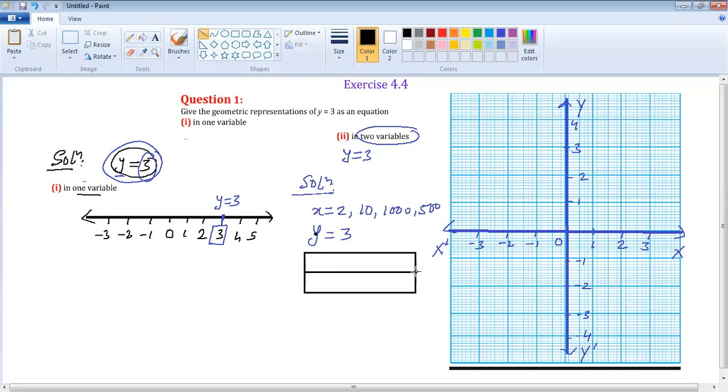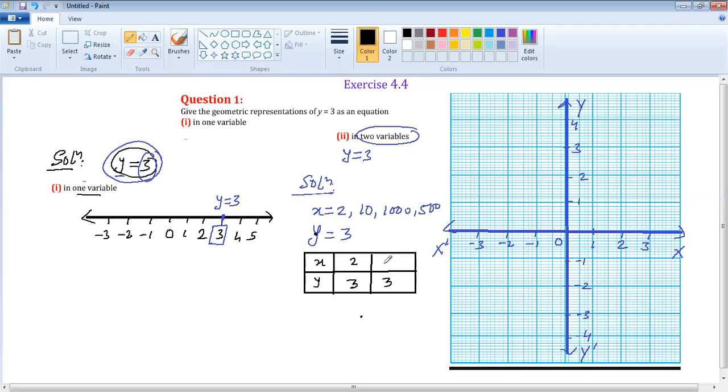To make a line we need at least two coordinates. Coordinate means the value of x as well as the value of y. So we have a fixed value of y, that is always 3, and let's write any value of x.